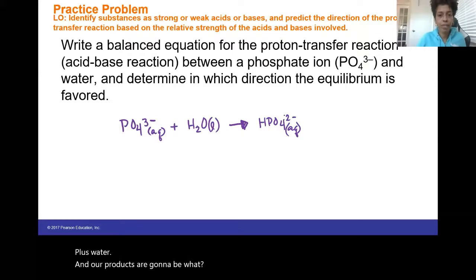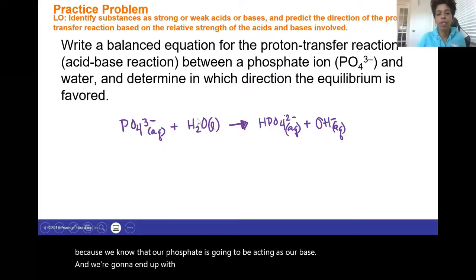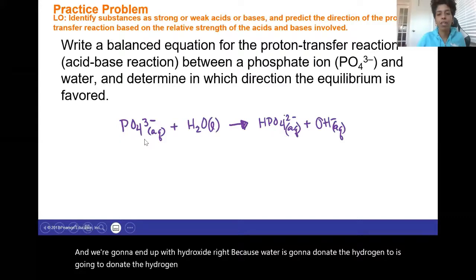HPO4 2-, because we know that our phosphate is going to be acting as our base. And we're going to end up with hydroxide, right? Because water is going to donate the hydrogen to the phosphate.